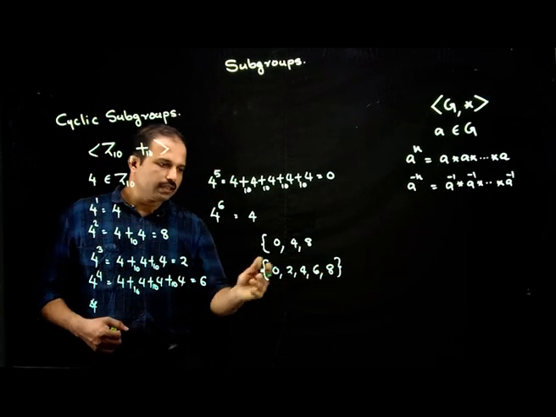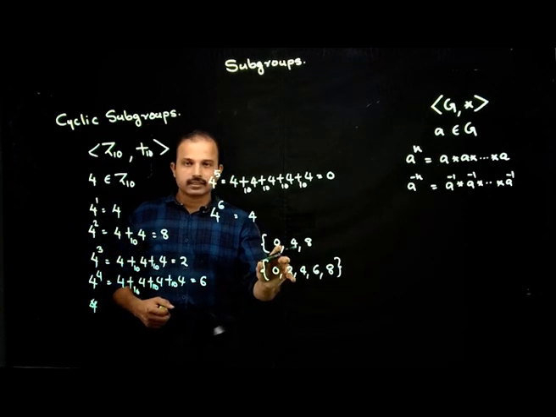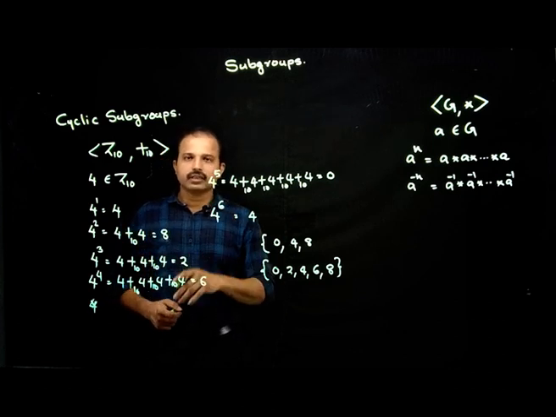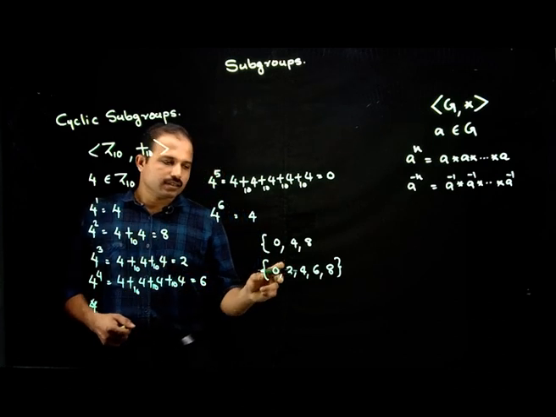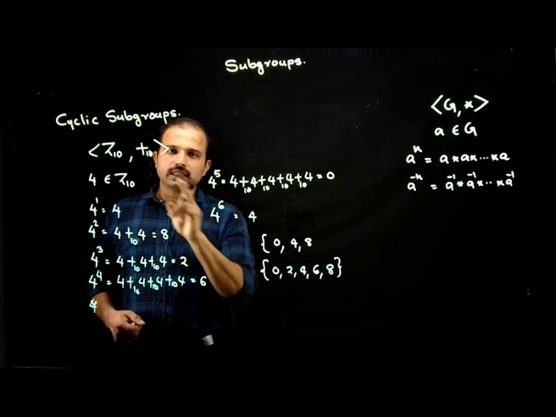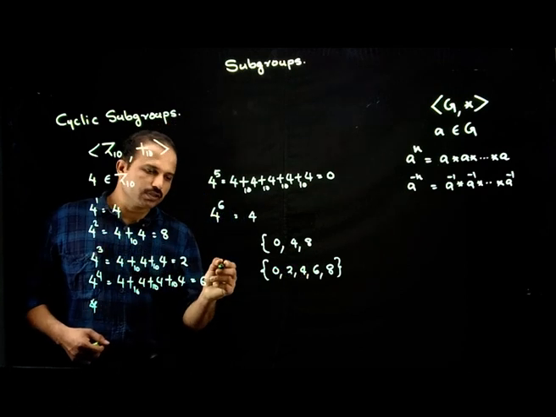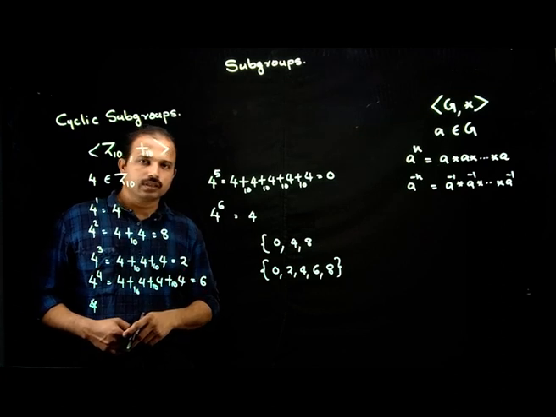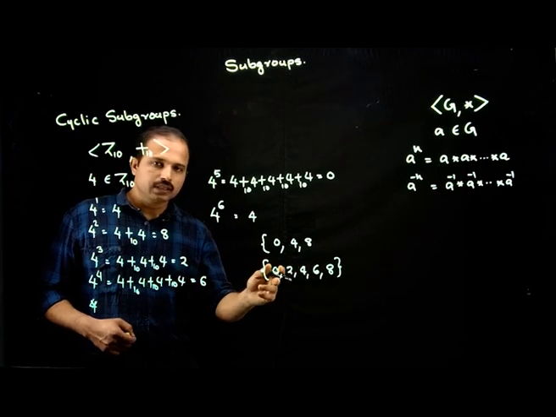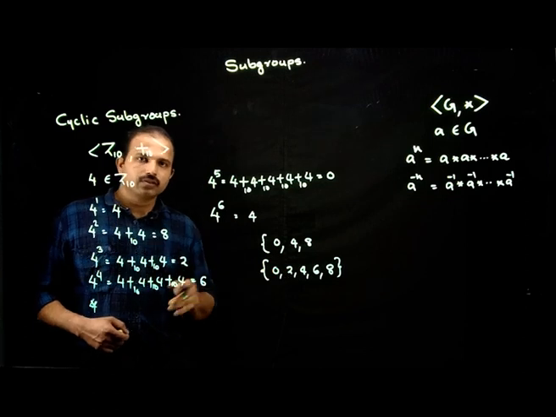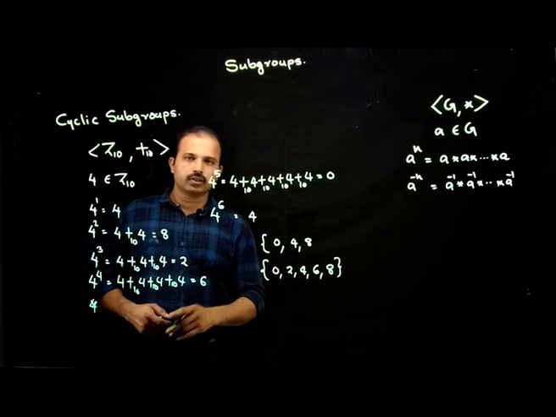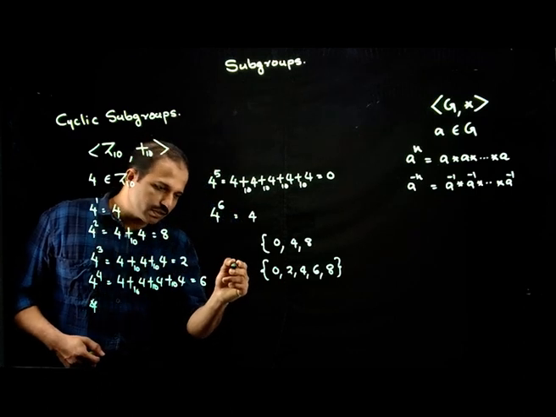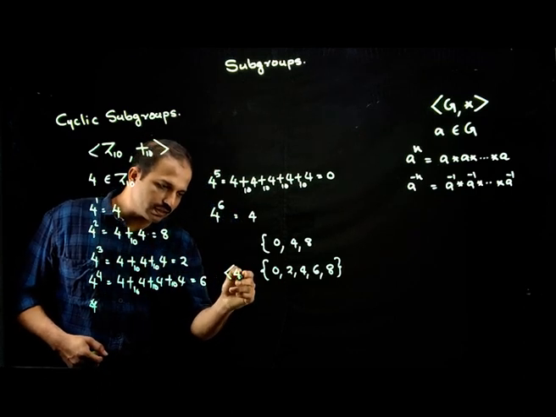This is the set we are getting by taking powers of 4, and you may verify that this will be a subgroup of Z10. That subgroup is known as the cyclic subgroup generated by 4, because all these elements we are getting by taking powers of 4. It is denoted by cyclic 4.